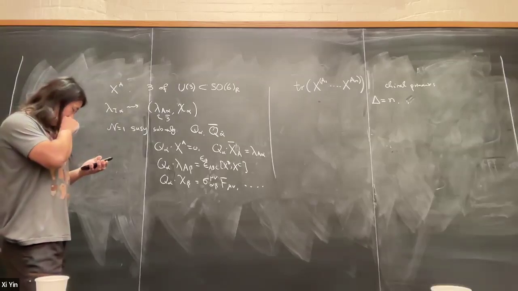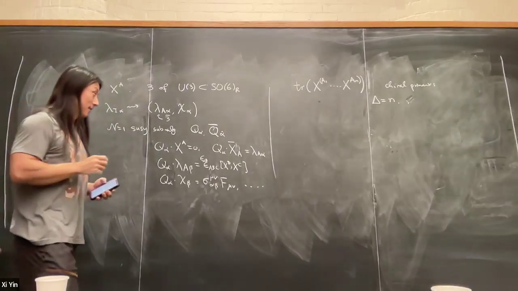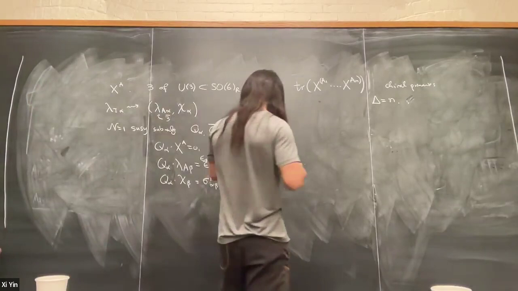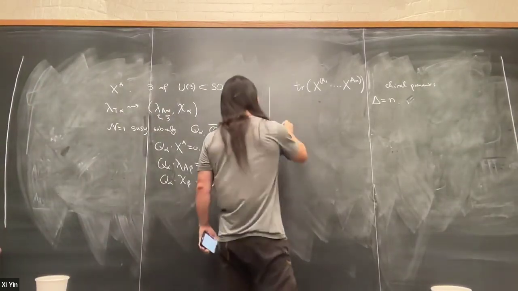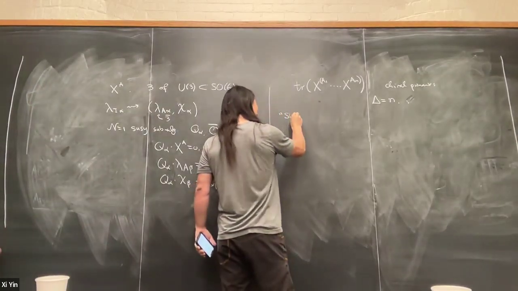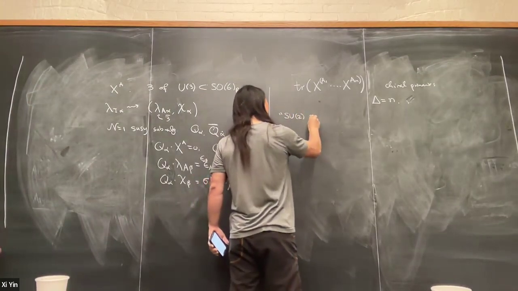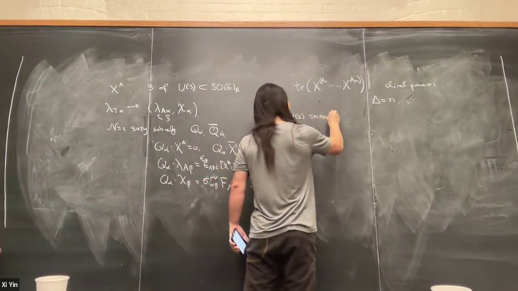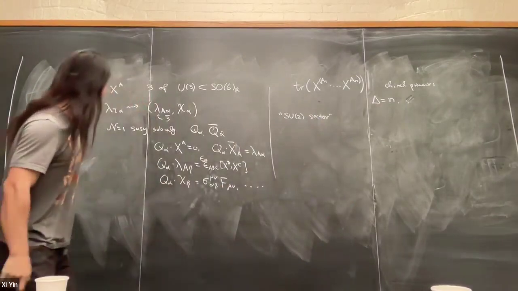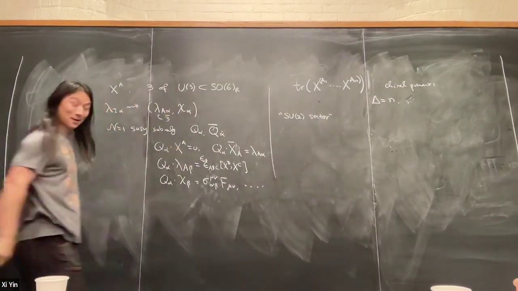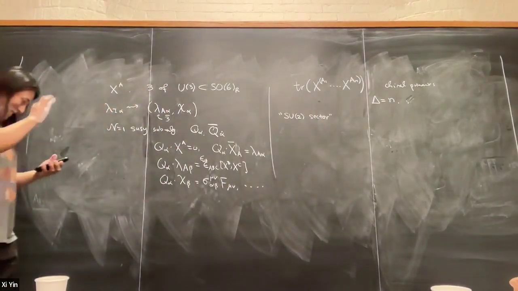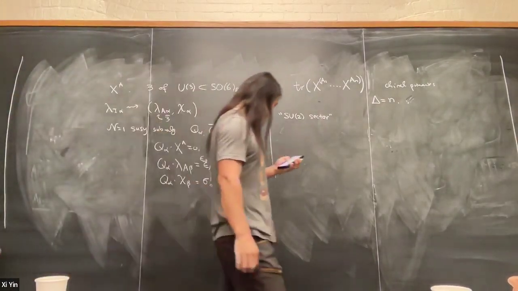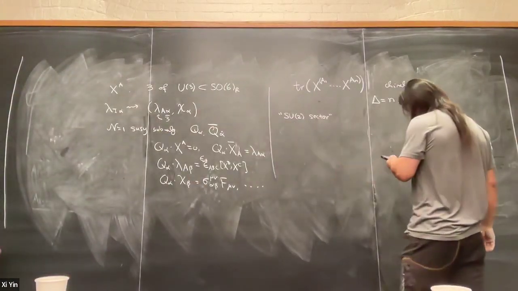Okay, now the game begins. We're going to focus, just for today, on the SU2 sector. This SU2 sector means picking an SU2 subgroup of this U3, roughly speaking. Its name is not very important. It will become obvious what we're talking about.